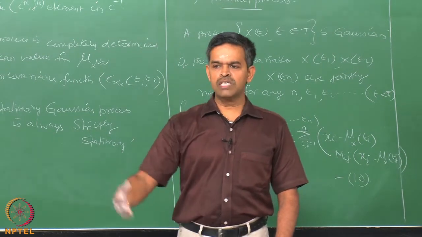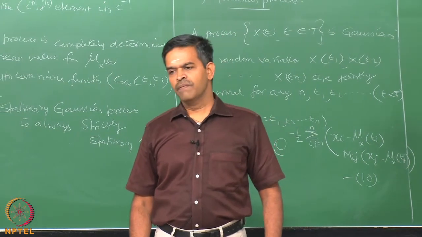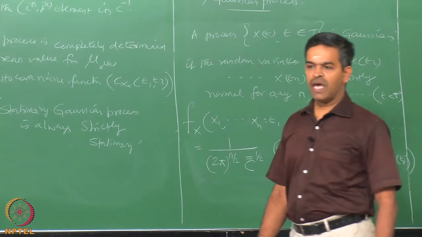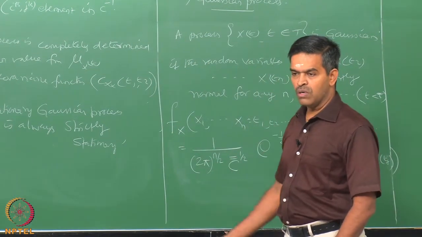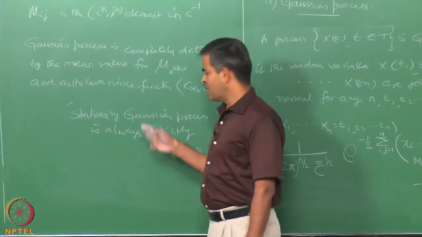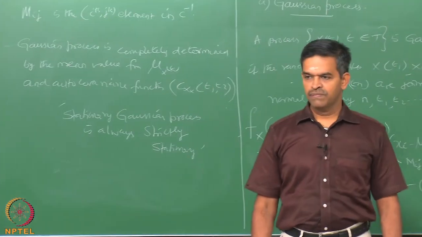In the process we also explained what we mean by ergodic and stationary, and ultimately we took up a specific case of a Gaussian process and showed that a Gaussian process, if it is stationary, will remain strictly stationary and not at all weakly stationary. Thank you very much.